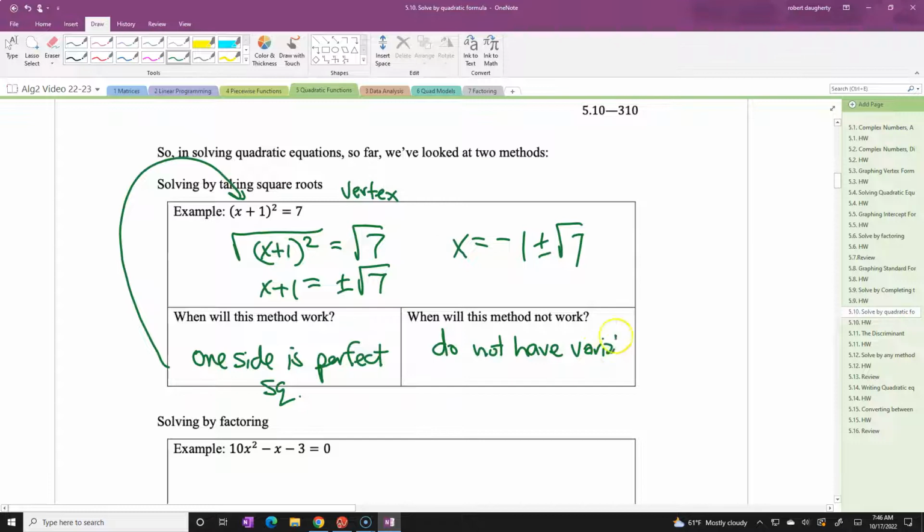When you do not have a variable expression that is a perfect square. So for example, if you had x squared plus 2x equals 7, people will try to do it, but you cannot. I mean, mathematically that's correct, but it doesn't get you to any solution. The left side is not a perfect square, so that will not simplify.